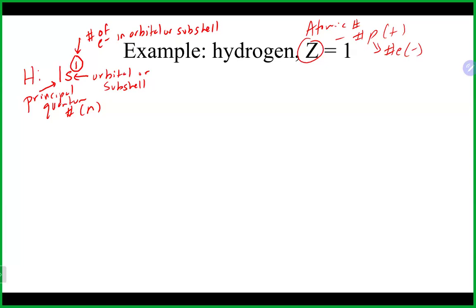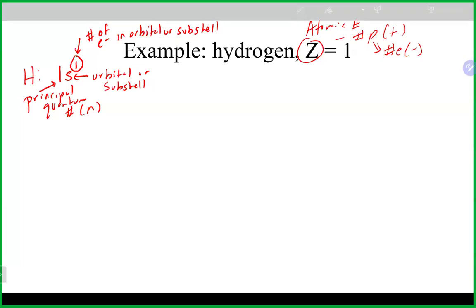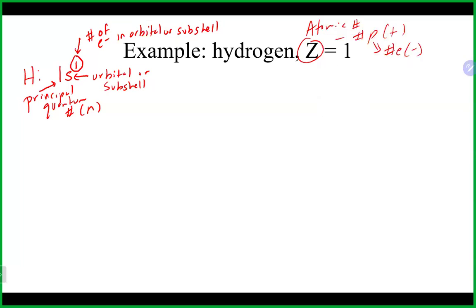We could also represent electron configuration by what is referred to as the orbital diagram. The orbital diagram is either a line to represent an orbital, or sometimes people will use boxes. So either way, for example, here, this would be our 1s orbital.